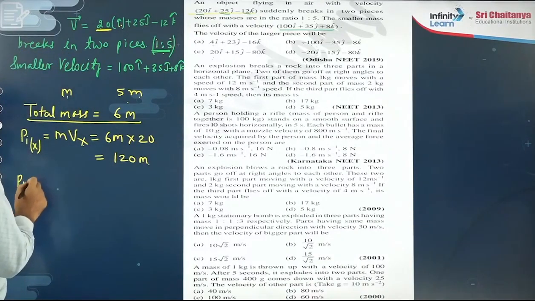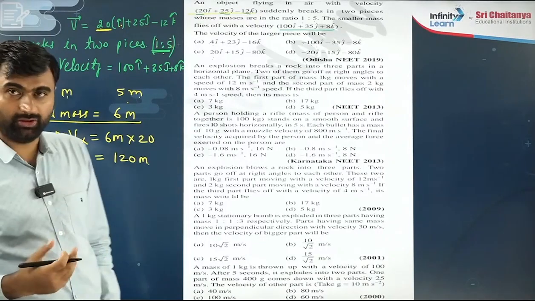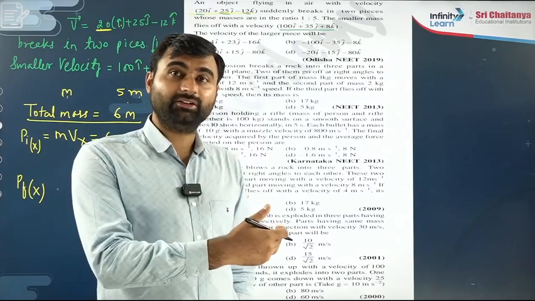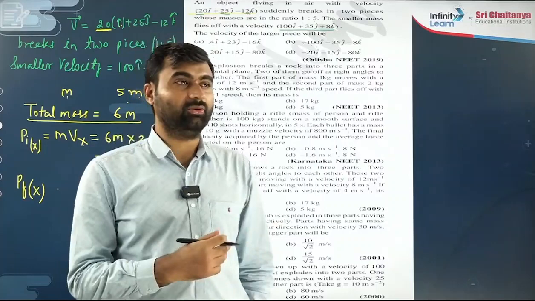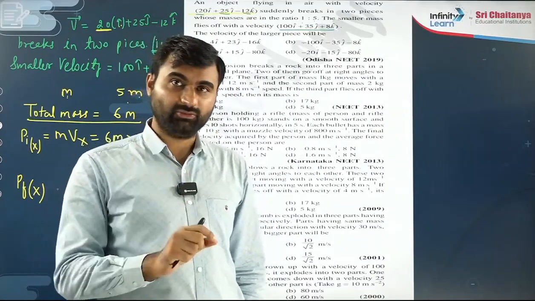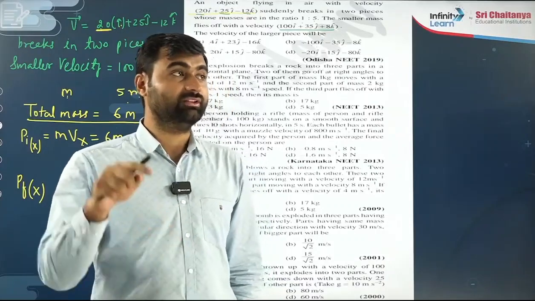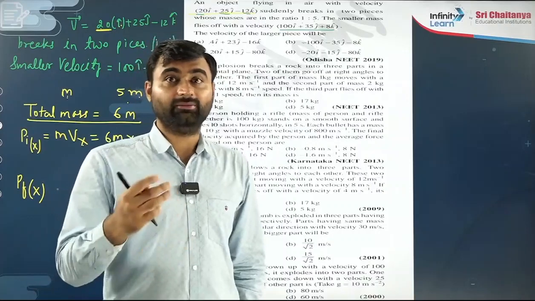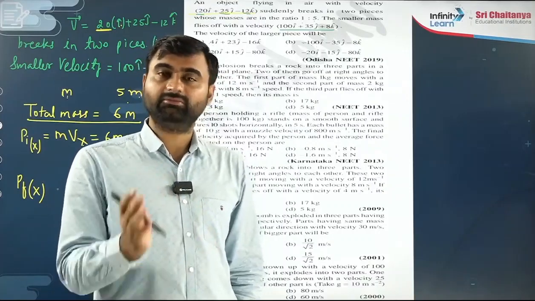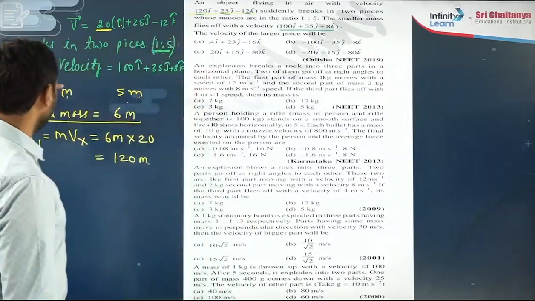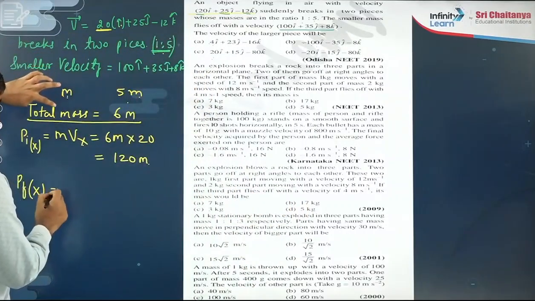Now calculate final. In final, you have to find the momentum of the system. Finally means after explosion. So after explosion, how many masses do we have? Two masses. So we have to calculate the momentum of each mass. So m1 v1x and m2 v2x. m1 means the smaller mass m.